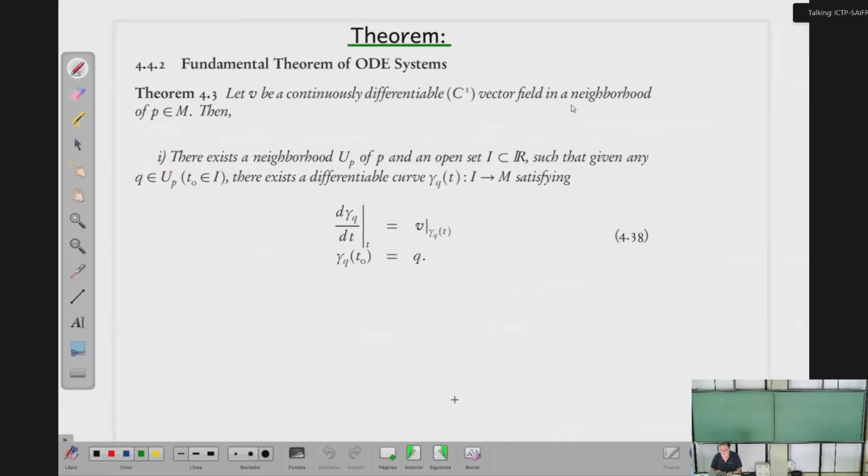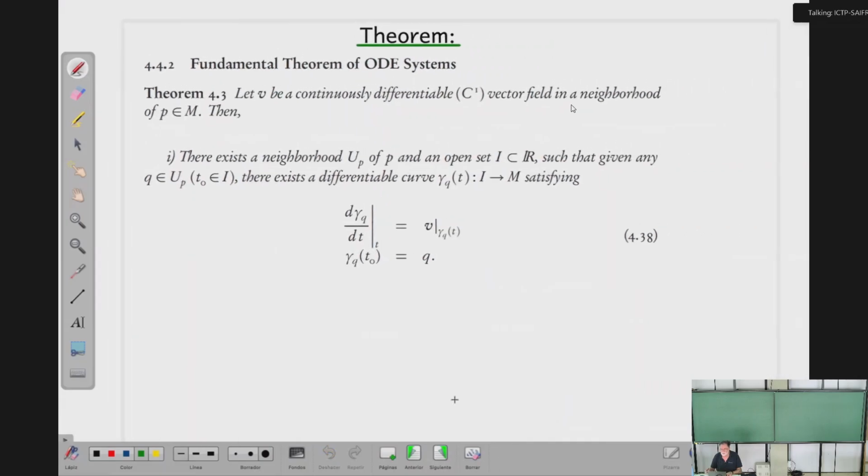So now we are going to discuss the fundamental theorem for ordinary differential equations. So this B here in the notation is what we call F, the vector field. And we say that it's continuously differentiable in a neighborhood of some point p.